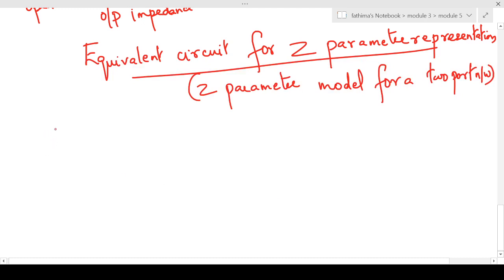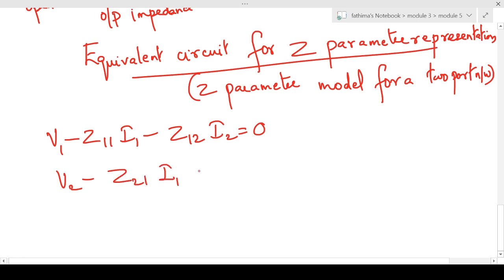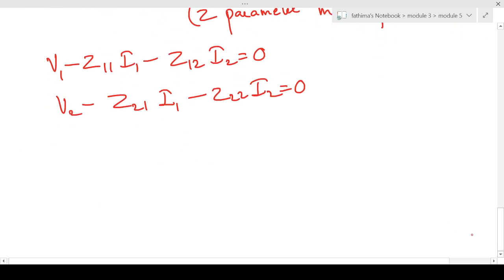So our equations are V1 is equal to Z11 I1 plus Z12 I2. I am taking the right hand terms to the left hand side. So this becomes V1 minus Z11 I1 minus Z12 I2 equal to 0. And the second equation is V2 minus Z21 I1 minus Z22 I2 equal to 0. And you can see that these two are KVL equations. So we can draw the equivalent circuit.